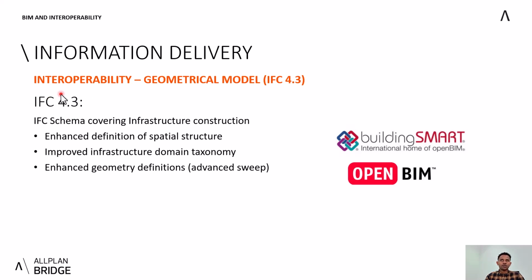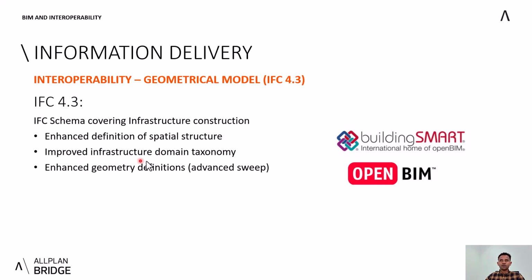Just a bit of information regarding IFC 4.3. What's new is that there is an enhanced definition of the spatial structure. Basically, we talked about this. The core idea behind this is how do you break down a bridge structure. So here we have a definition of bridge part type and bridge part. So we can use this to break down our bridge.